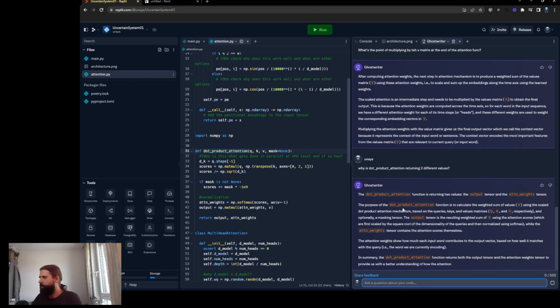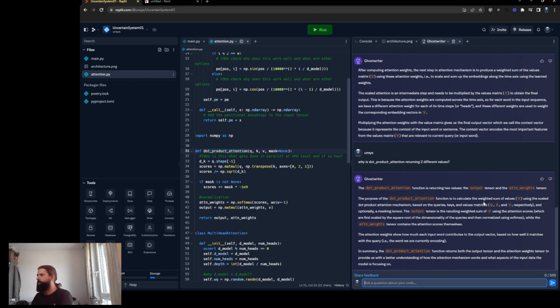So the purpose is to calculate the weighted sum of values. Weighted sum of V as attention scores, which are first scaled by the square root of the dimensionality of the queries, normalizing softmax. So the attention weights show how much each input word contributes to the output vector. Okay.